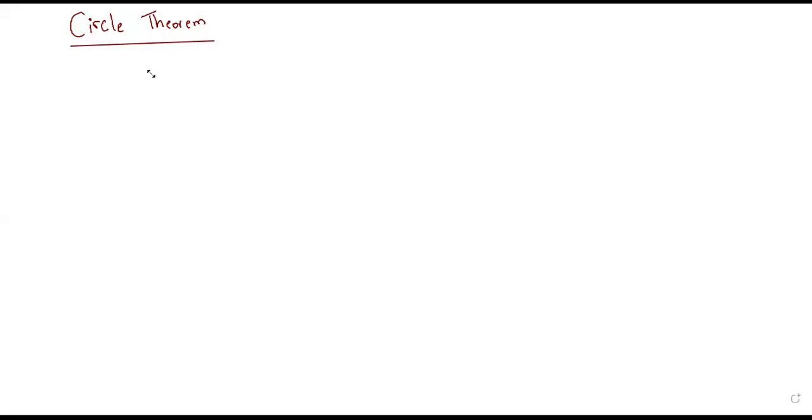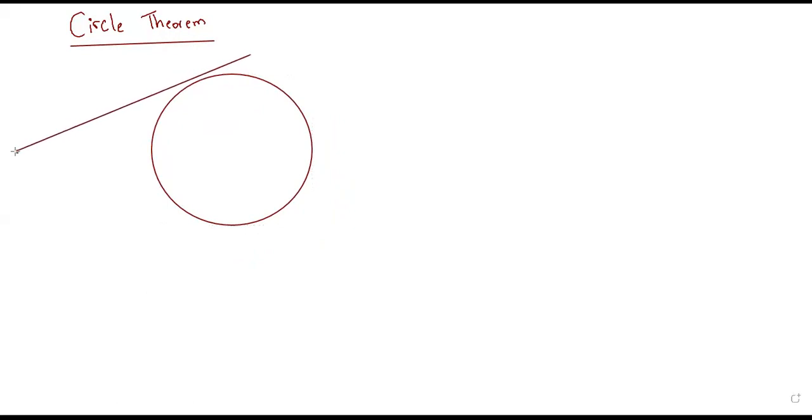So let's say we have a circle. This is the circle. And there's a point, and we have 2 tangent lines. This is the first tangent line, and then I'm going to make another one starting from the same point, this one.